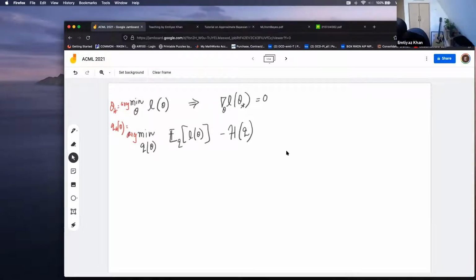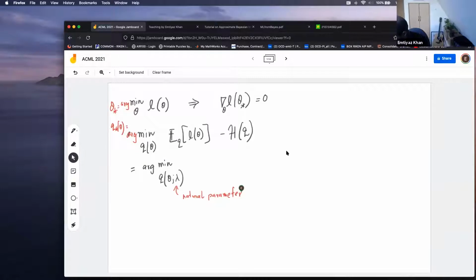Ultimately, I'm going to write this as lambda, because I'm parameterizing the distribution by lambda, which is the natural parameter.